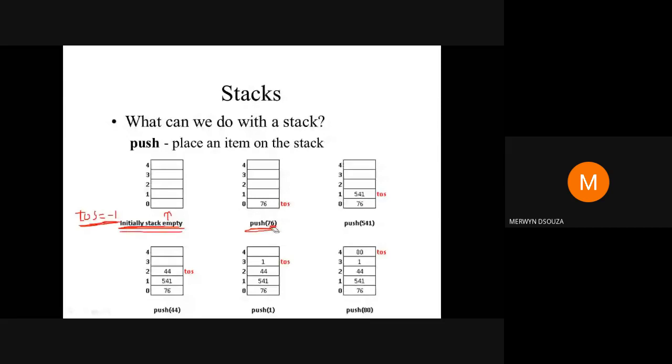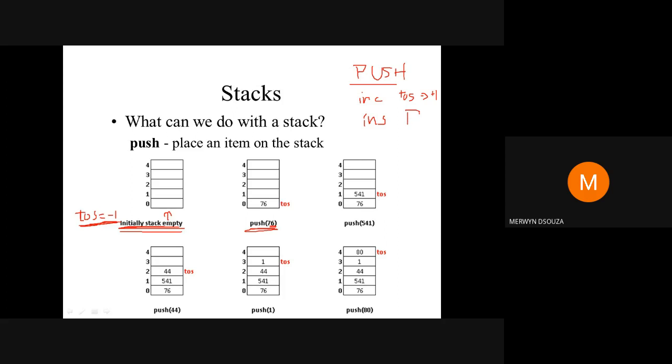So a push operation consists of 2 steps. Okay, push operation consists of 2 sub steps. In the first sub step, you will increment the value of top of the stack. You will increment the top of the stack by 1, only by 1, and you will increment it by 1 at a time. And after you have incremented, wherever top of the stack is pointing, there you will store or you will insert the data.